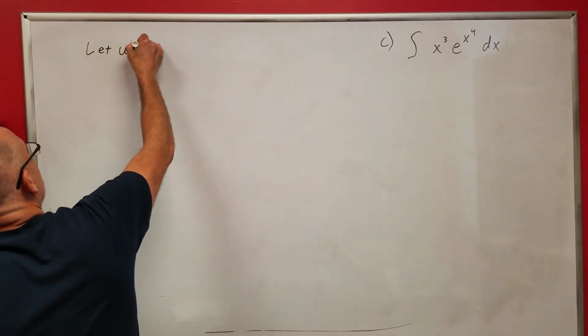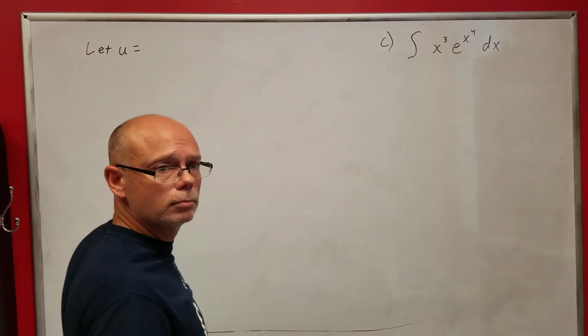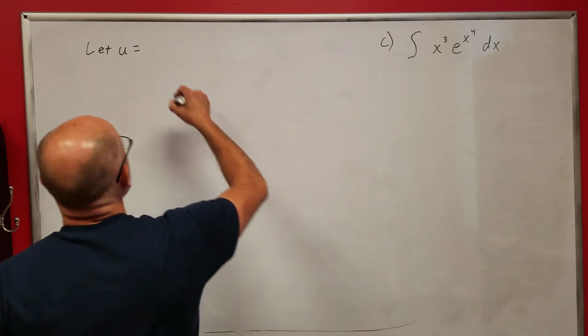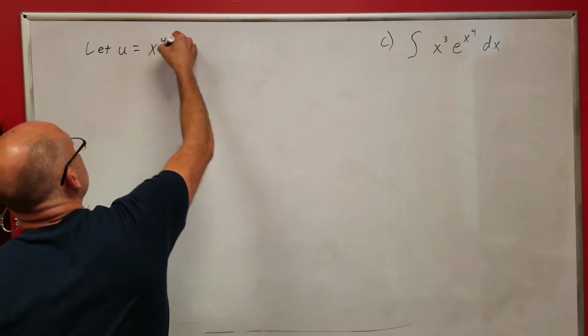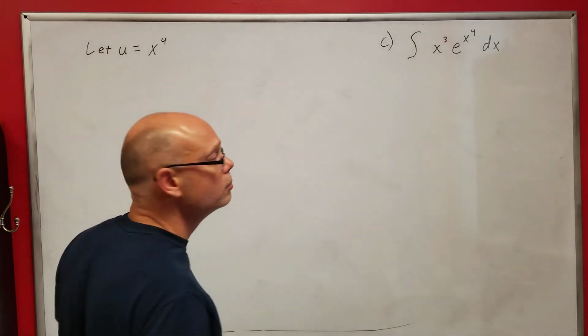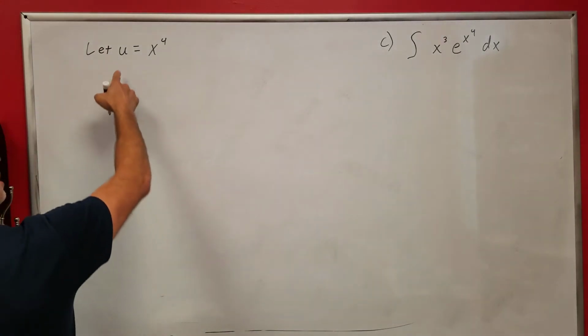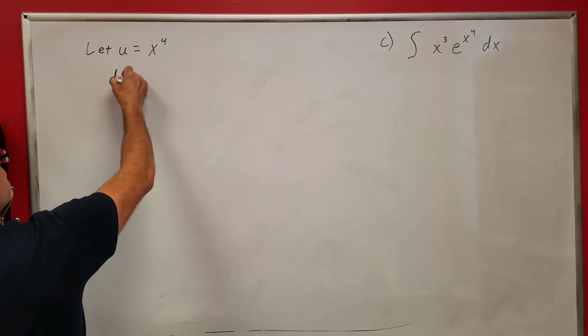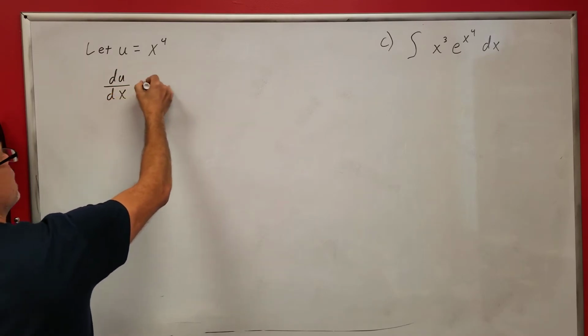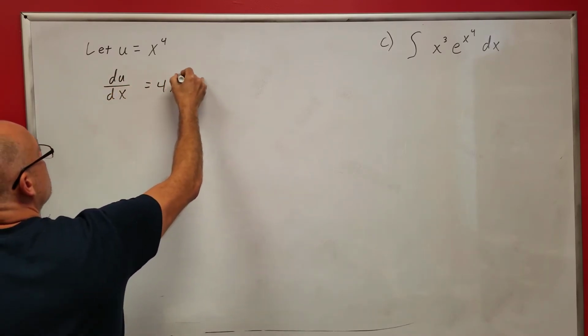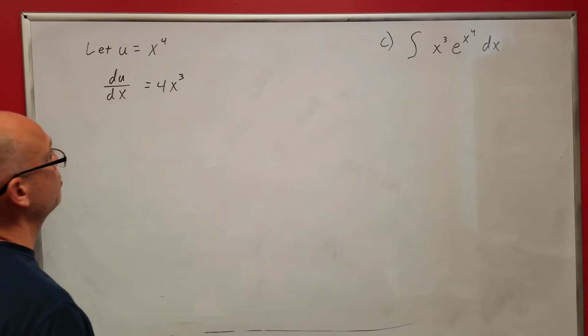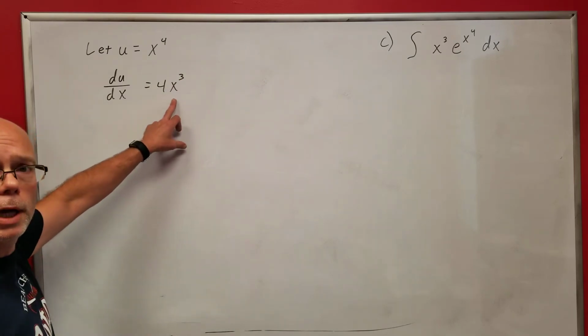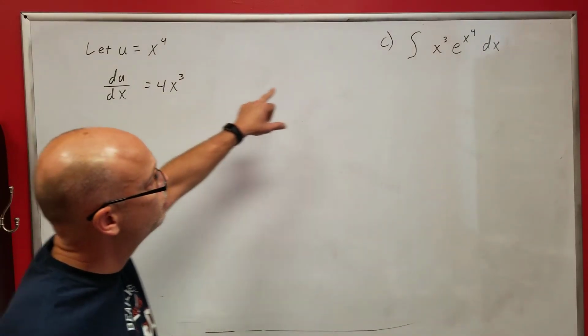So let's pick a value for u. How about x to the fourth? Let's see if this is going to work. What happens whenever I take the derivative here? du over dx, that's what? 4x cubed, right? Do I have some form of x cubed being multiplied in here?